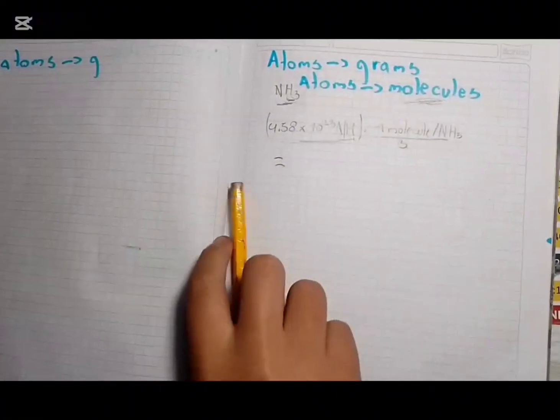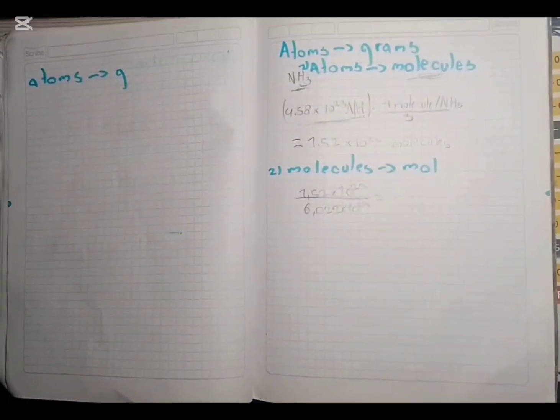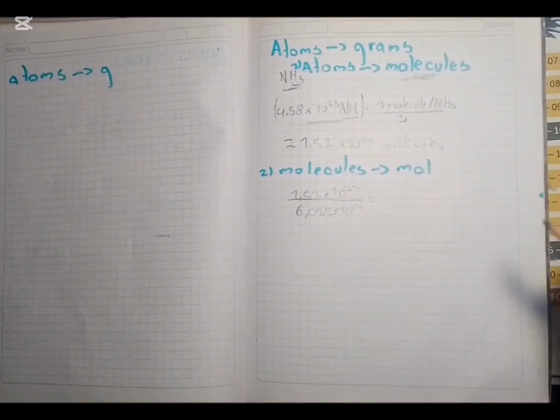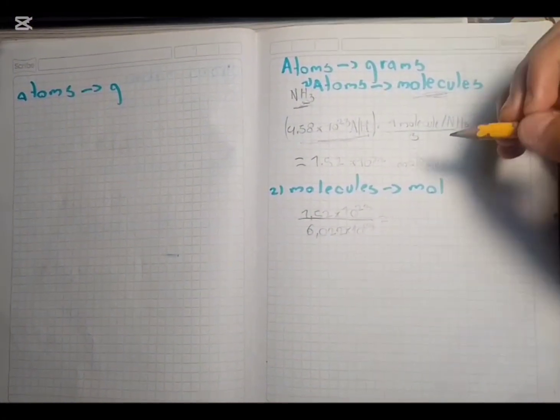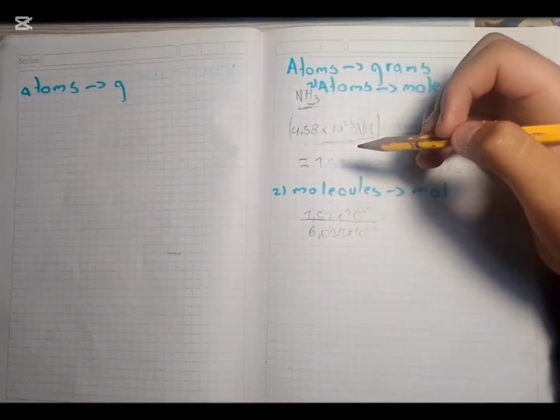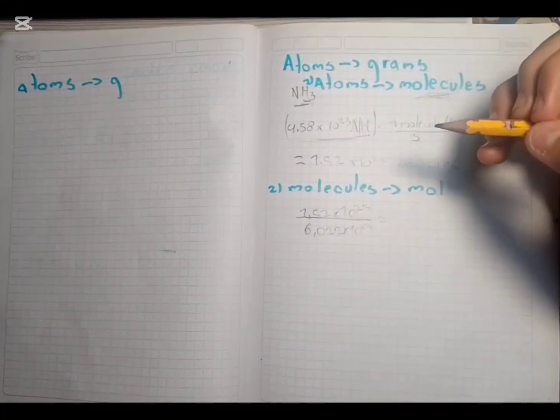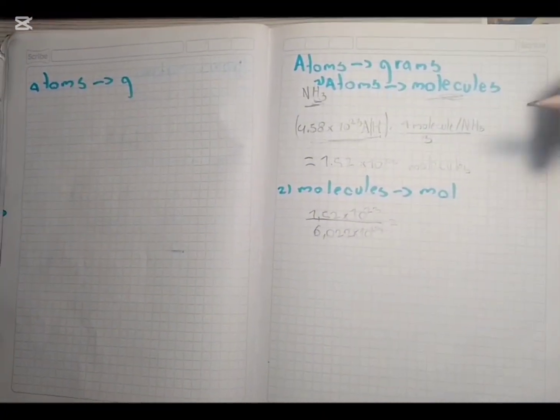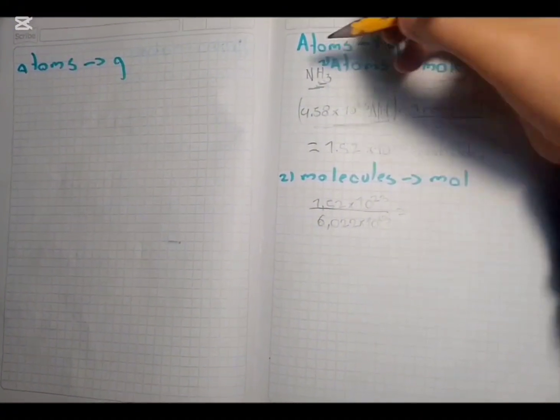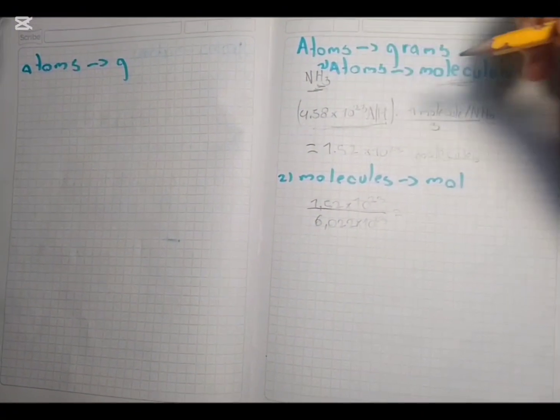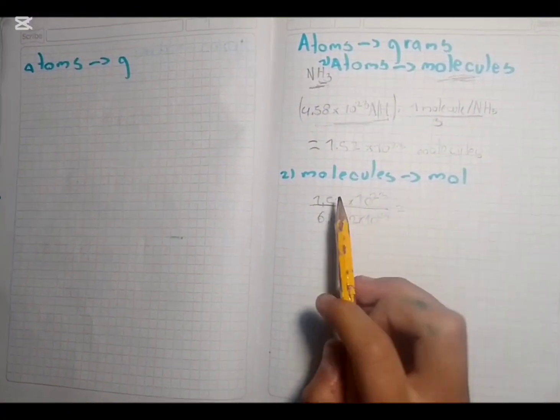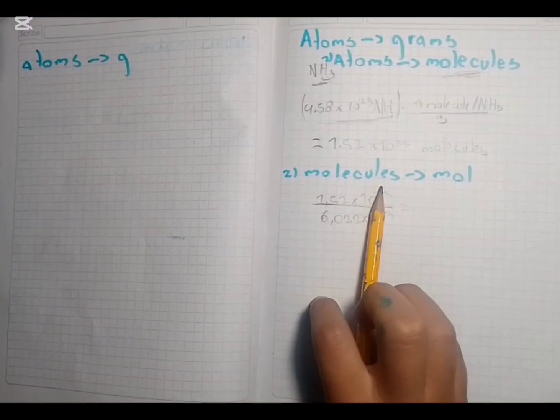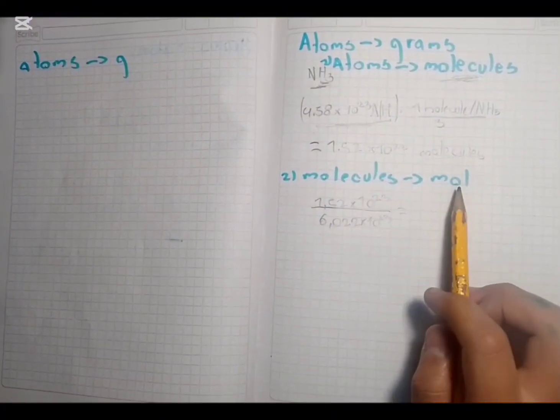And the result of atoms to molecules is 1.52 multiplied by 10 to the 23 molecules of NH3. Okay, now I need to pass molecules to moles.